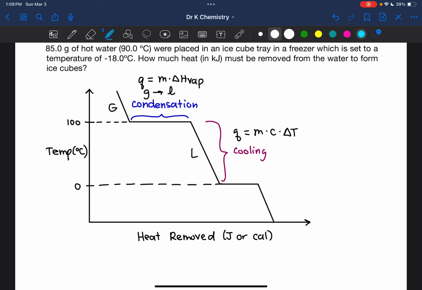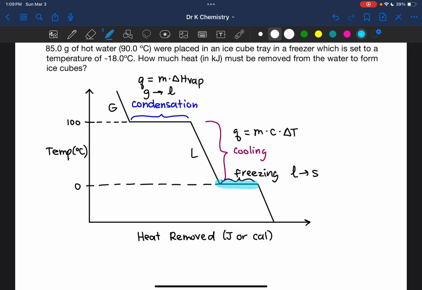When we get to 0 degrees Celsius, that is the melting or freezing point of water. So if we keep removing heat, we're going to freeze that liquid into a solid. And because there is a phase change here, so this is freezing, we're going from a liquid into a solid.